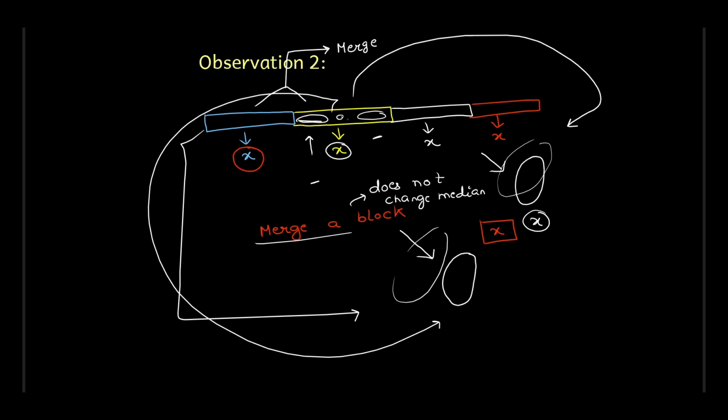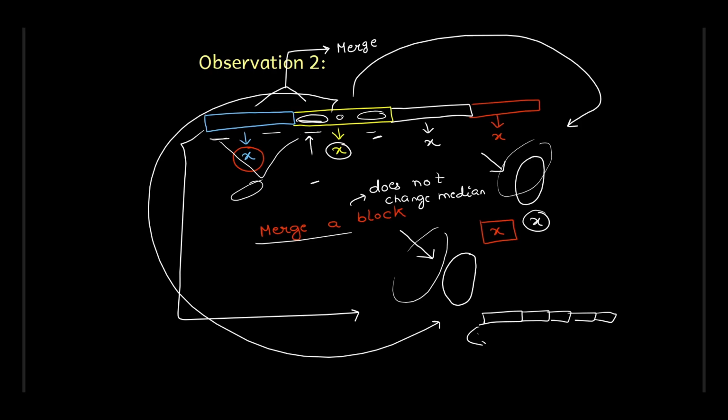And again, why is this true? Because there are half elements smaller than X, half elements bigger than X. Same property here. So if you combine these two, the smaller ones will also be equal in number to the elements that are bigger. This means that if you repeatedly keep on merging all the blocks, you will get the entire array.